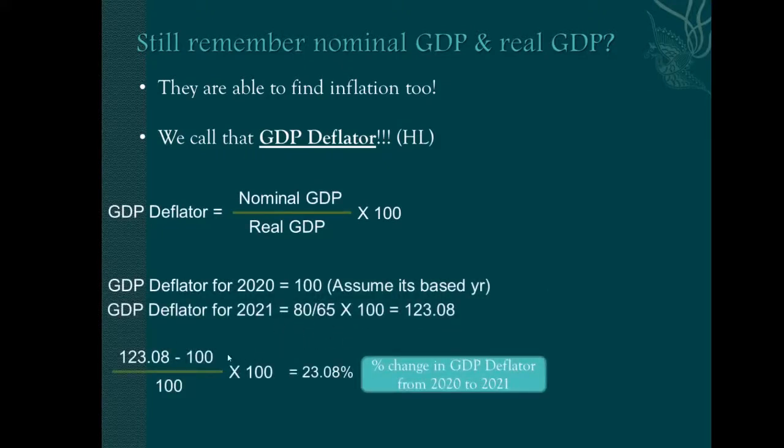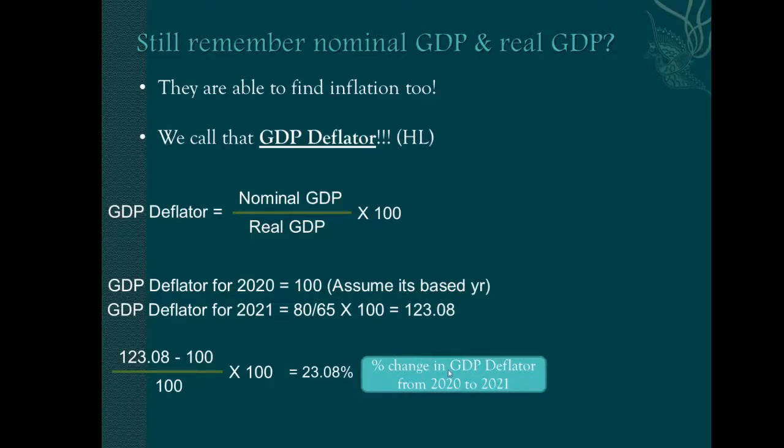If you use the same approach to find the percentage change in this GDP deflator from 2020 to 2021, you just have to use the same method: the new one minus the old one, over the old one, times 100. Then you will find 23%.